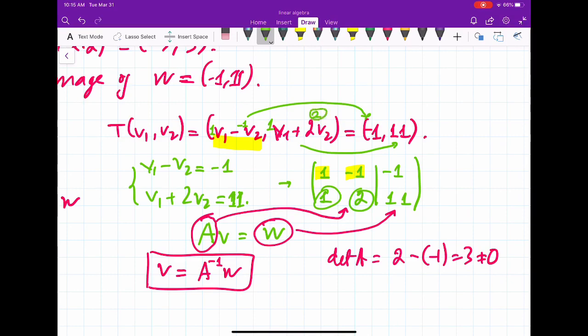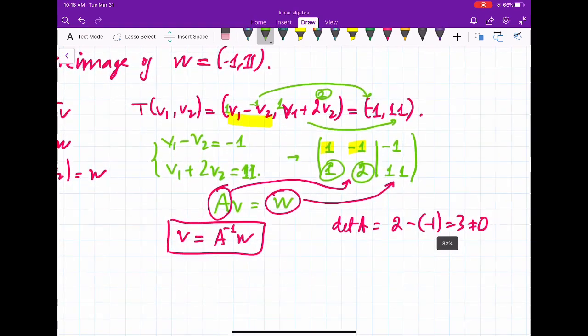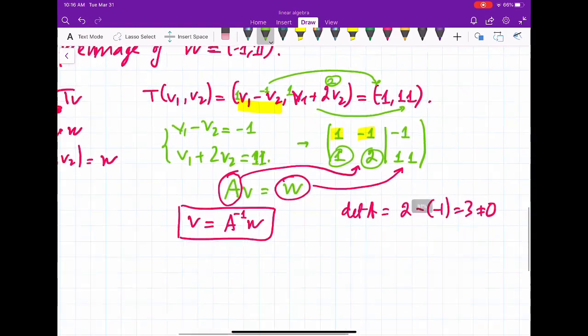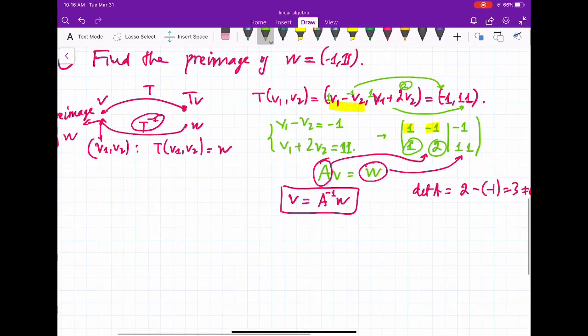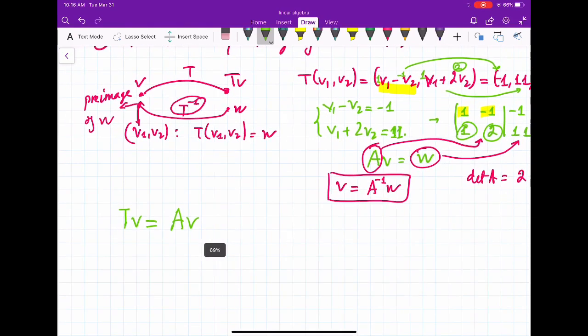So basically, for this linear transformation, you can make a matrix corresponding to T, and you might have the following identity. TV is equal to AV. Is that correct? TV is equal to AV. Or, if we write that strictly and correctly, TV is equal to AV transpose.